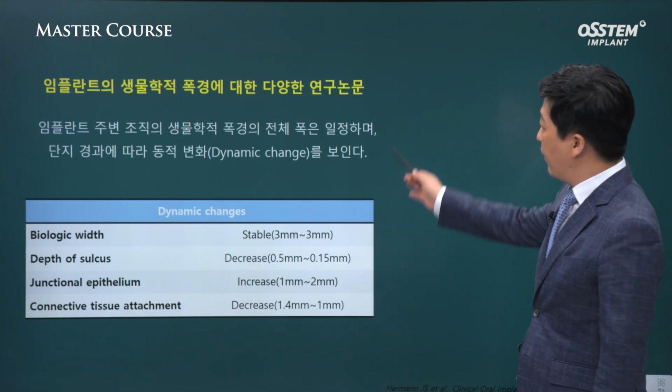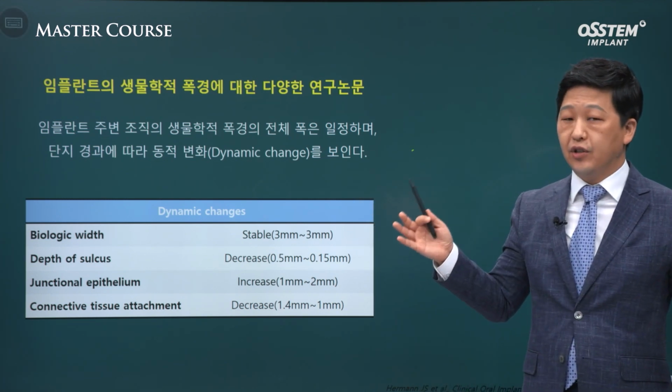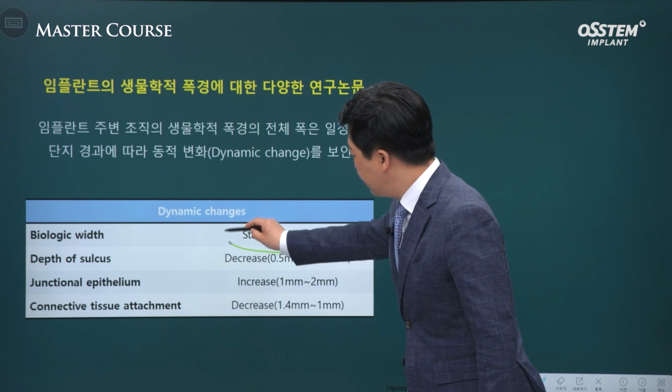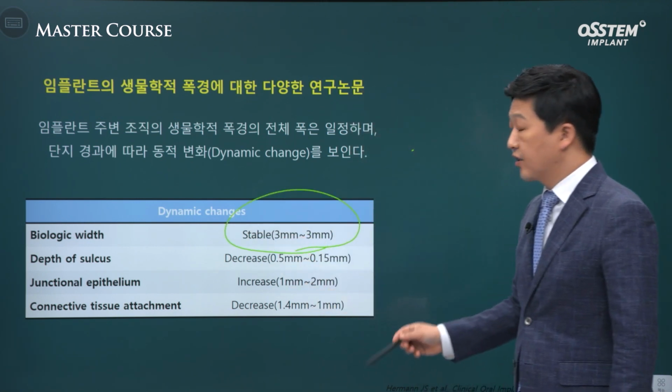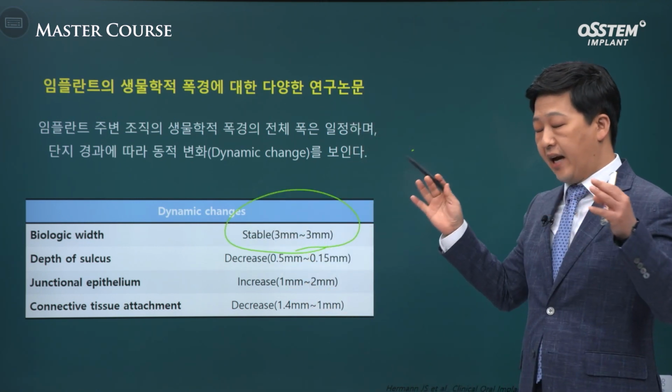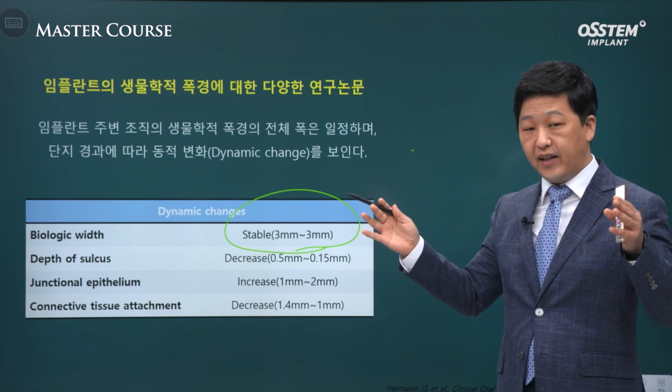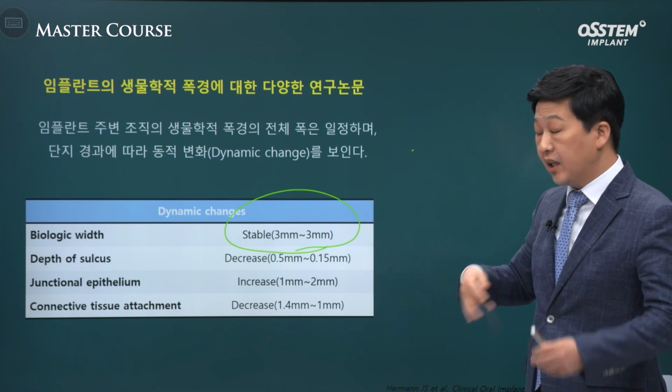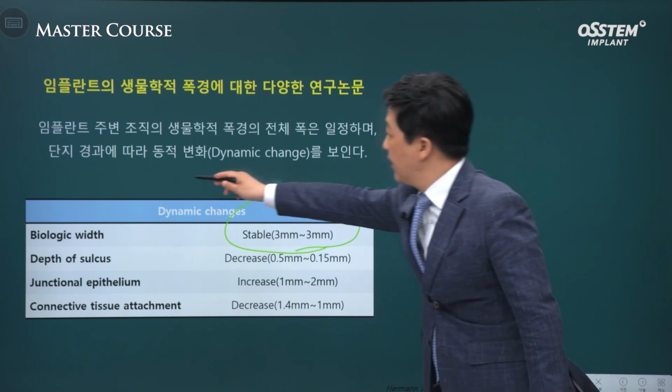Over the course of our lives, biological width is maintained consistently. The detailed constituents of biologic width continue to dynamically change.